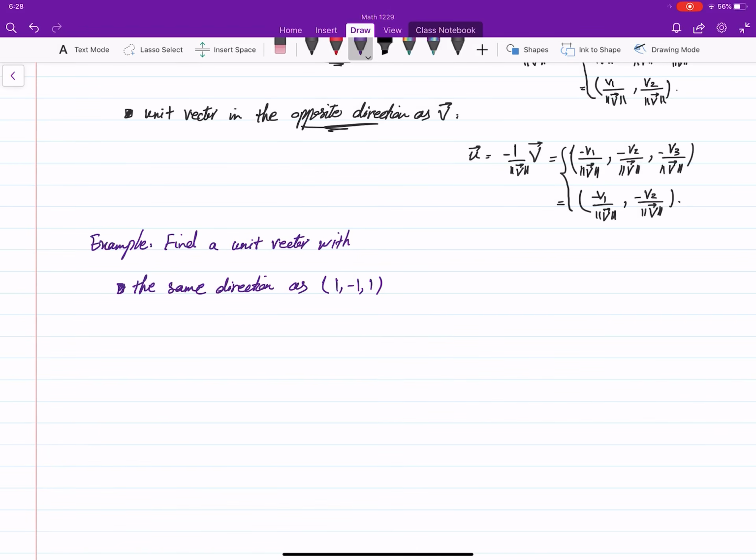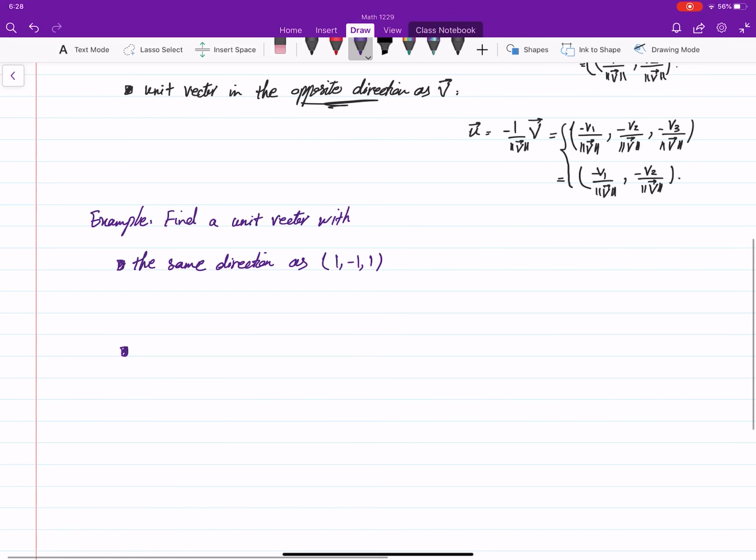We saw that it's not a unit vector. Now we want to find a unit vector that's with the same direction. How about the unit vector with the opposite direction? As vector this time, let's say just 3 and negative 4.